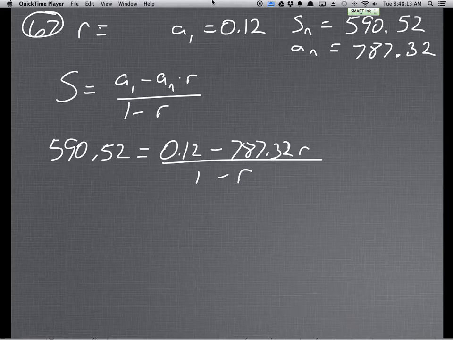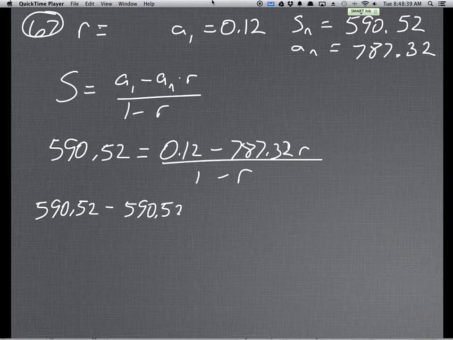So 590.52 equals 0.12 minus 787.32 times R over 1 minus R. What do we want to do now? Multiply by 1 minus R. So when I take 1 minus R times this 590.52, I end up with 590.52 minus 590.52 times R.